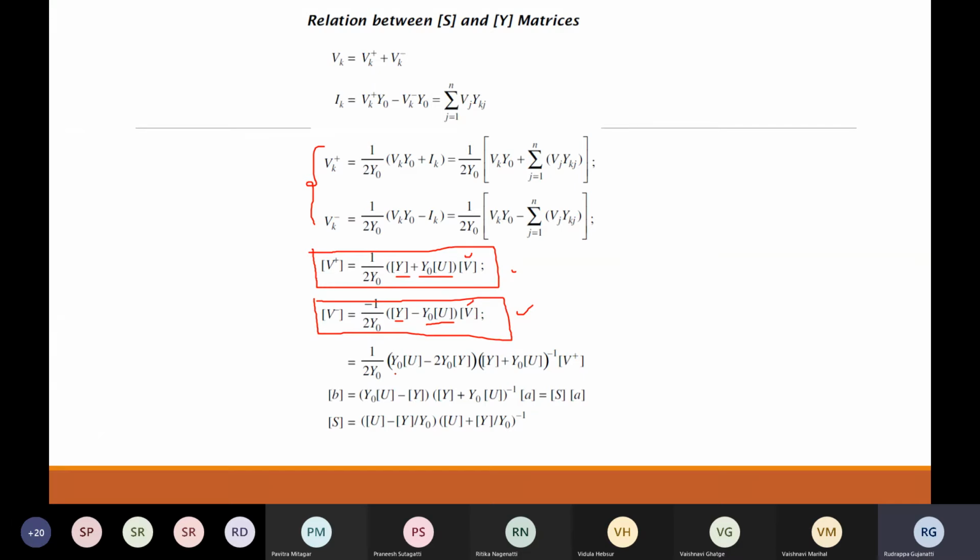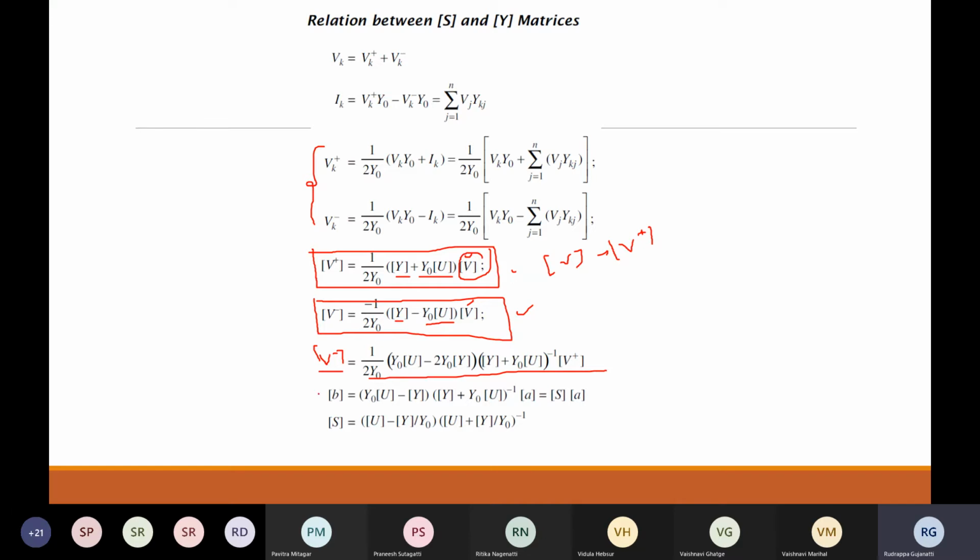Now when you simplify the overall representation, you have to represent V in terms of the matrix V plus, that is, the incident parameters. You take it to the other end, you get the inverse, you multiply these parameters, and in the end you get the substitution. So here you will have V minus, represented with this overall parameter.